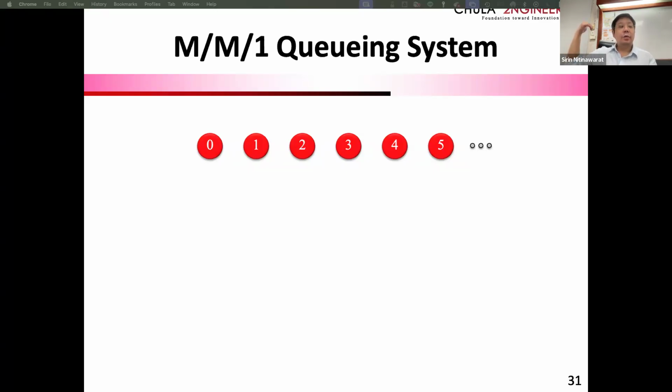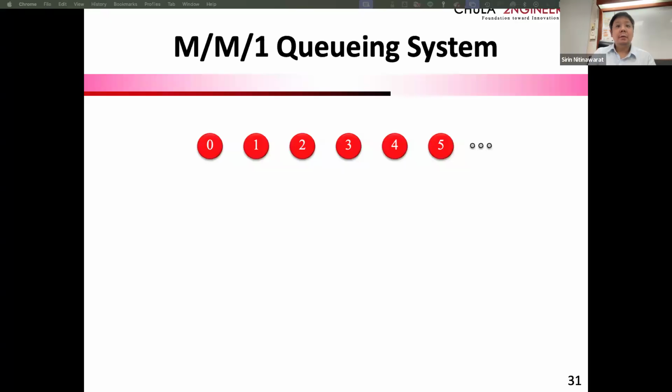So you have to start with 0 and you can go up with no limit, because there's no capacity in the system. So in terms of possibilities, it's just all non-negative integers, and you write that in the state diagram.